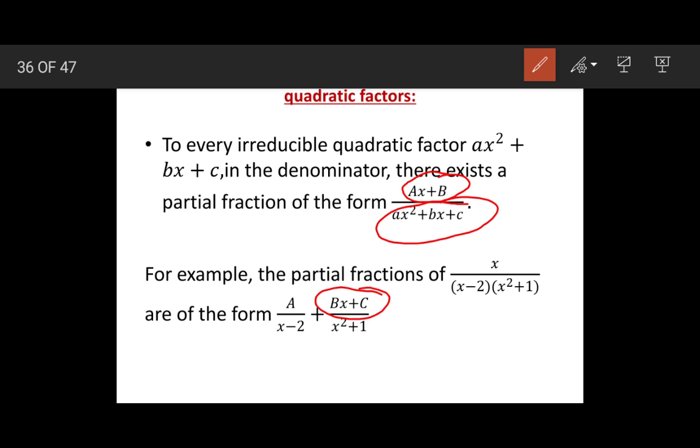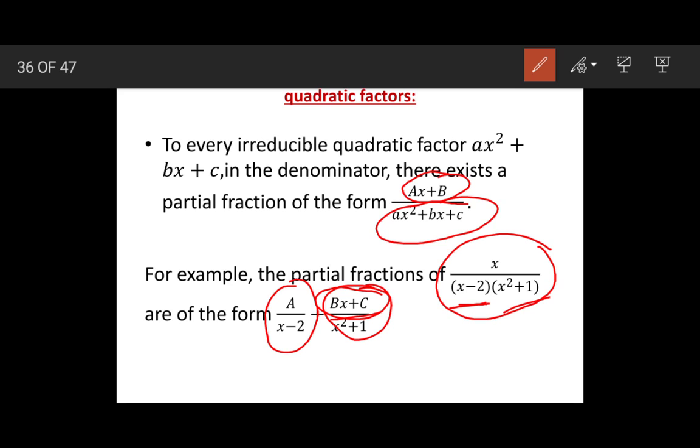See the example. We have to find the partial fractions of x upon (x minus 2) into (x square plus 1). That will be A upon x minus 2, because x minus 2 is a linear factor, so for linear the numerator will be a single constant term. So A upon x minus 2 plus (bx plus c) upon x square plus 1.